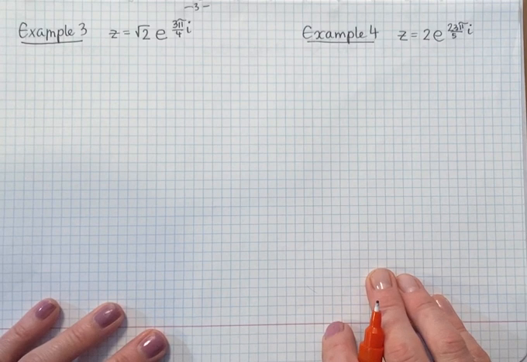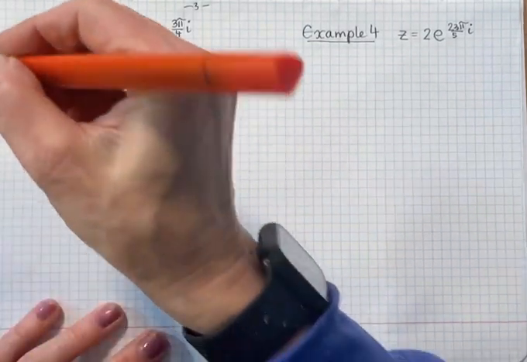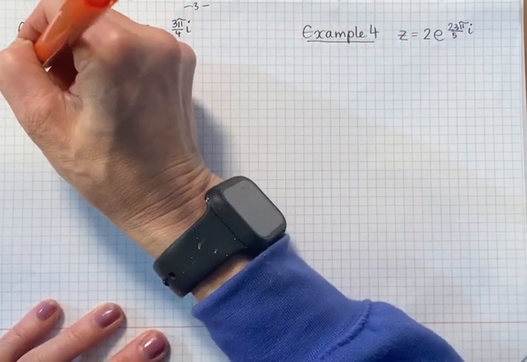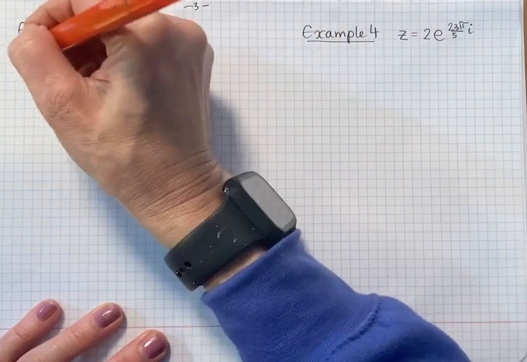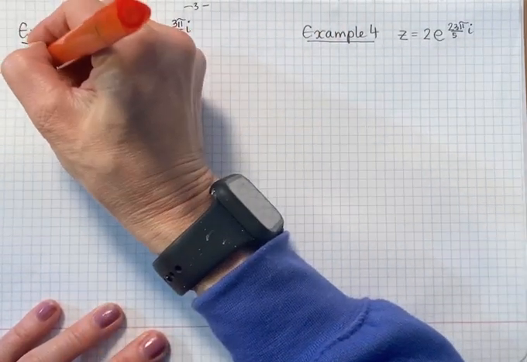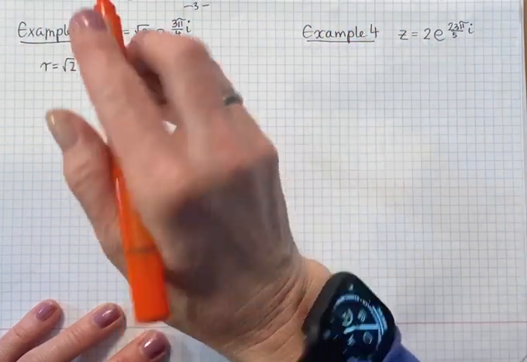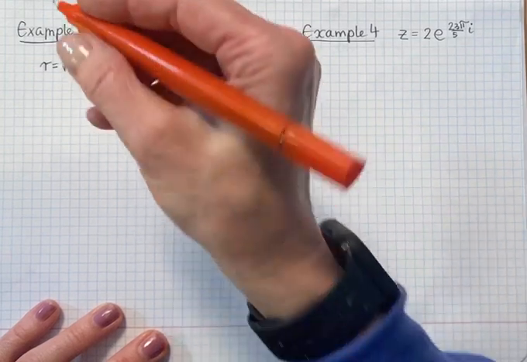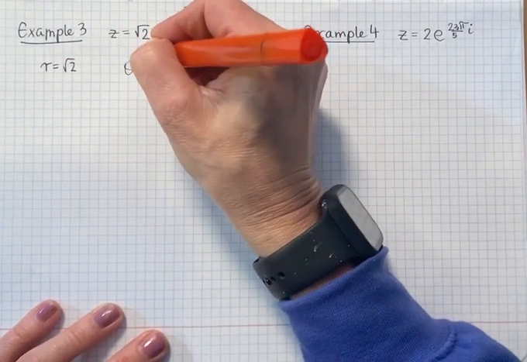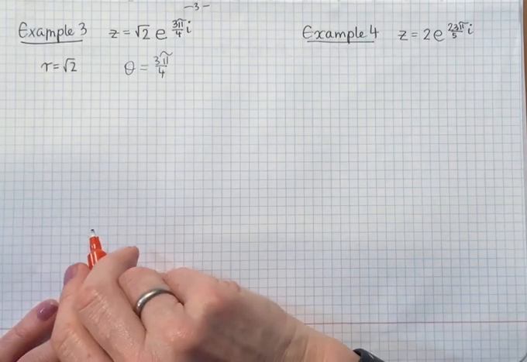We want to recognize that the multiplier here is simply your modulus. The argument is simply whatever i is multiplied by, so it's 3 pi over 4.